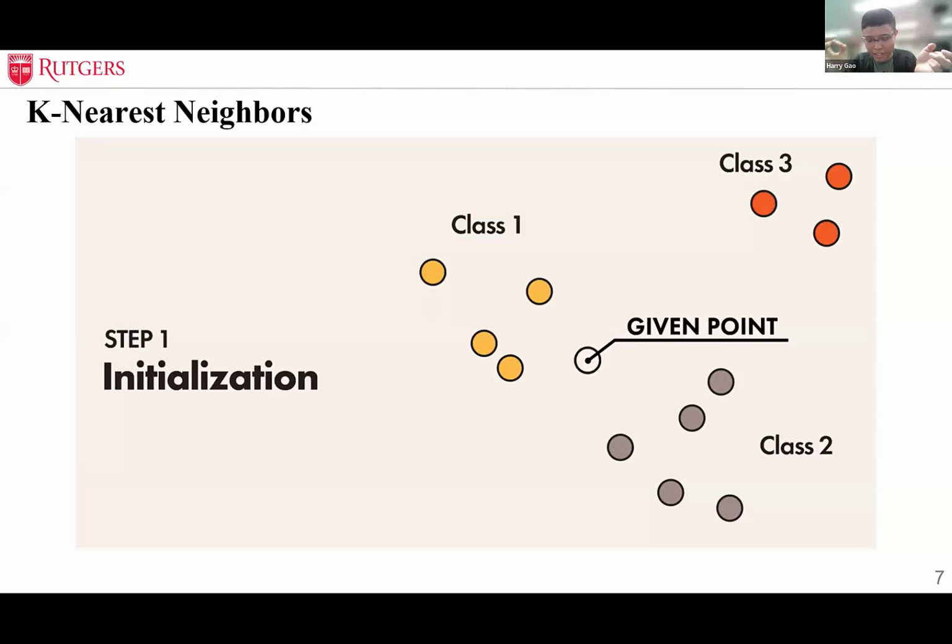For each data point we can have different ways to observe it. Here we have class 1, class 2, and class 3. And for this given point, we try to classify it into class 1, class 2, or class 3. It's going to be one of them.